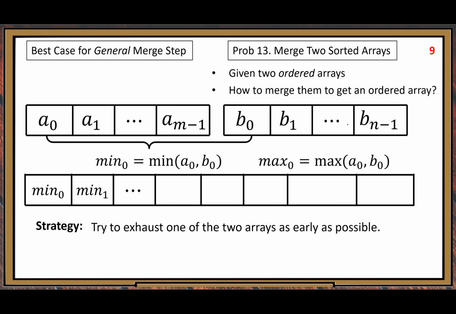So then the conclusion: you have two cases. You either exhaust the A subarray or exhaust the B subarray, right? Two possibilities. So which one is better? Exhaust the shorter array is better.